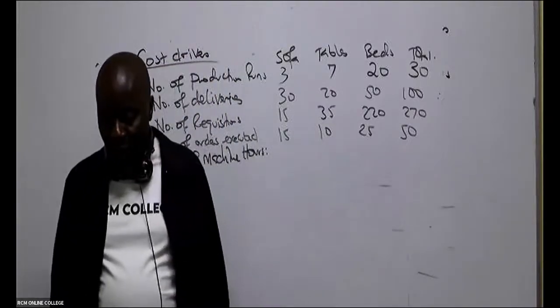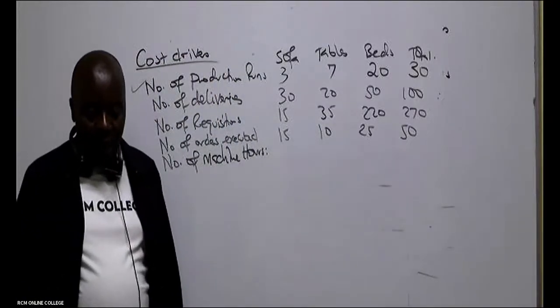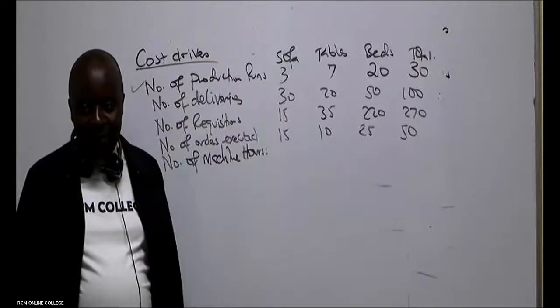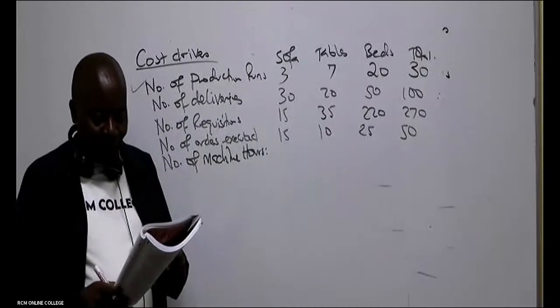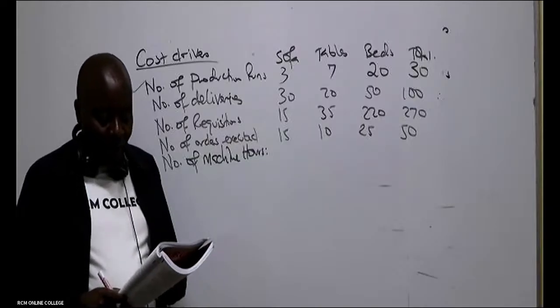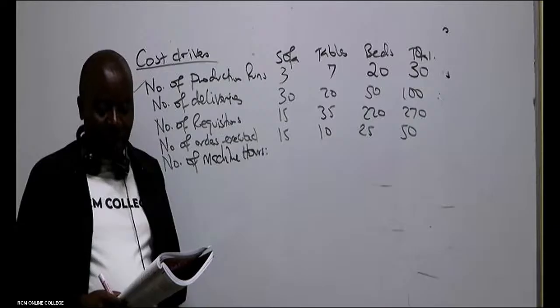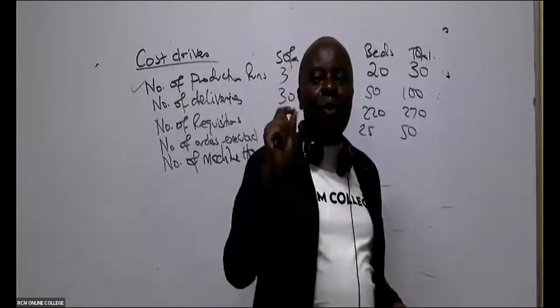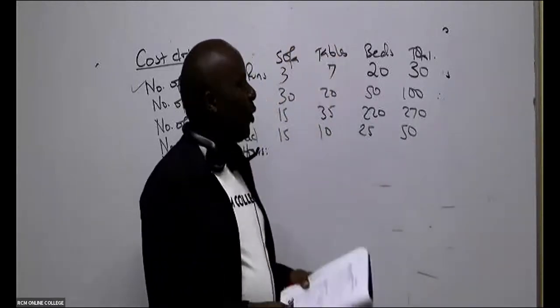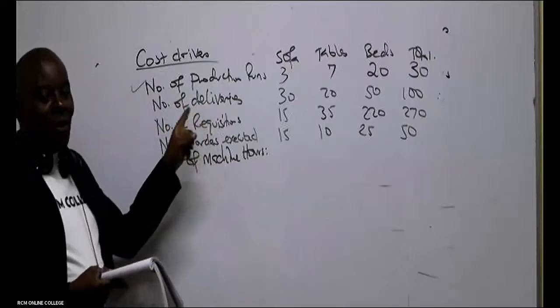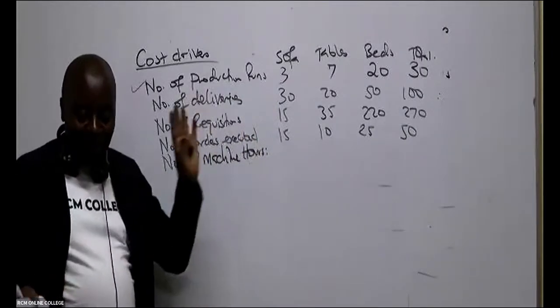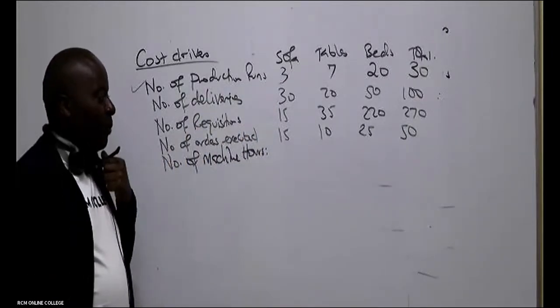So when they say machine hours per unit, you must always multiply with the number of units. Don't forget that. The ones given as lump sums, I will not multiply at all.